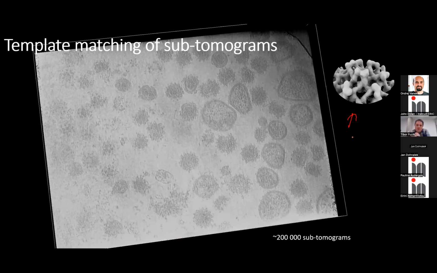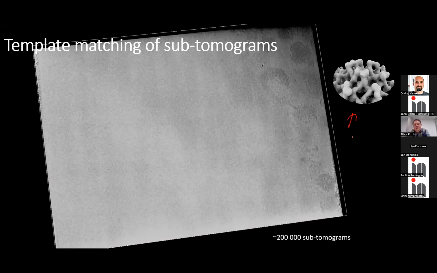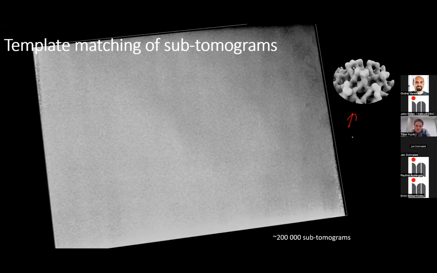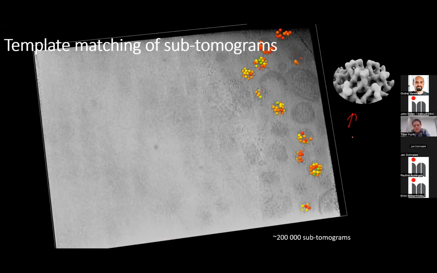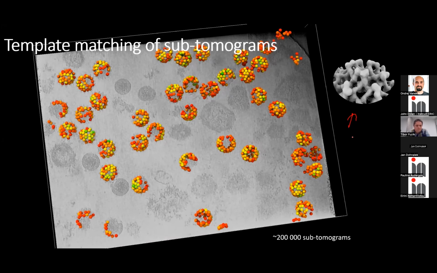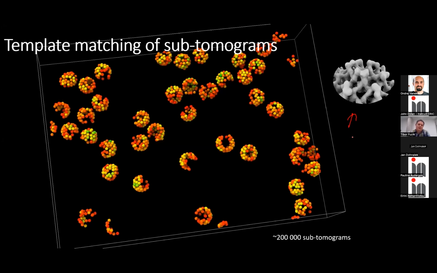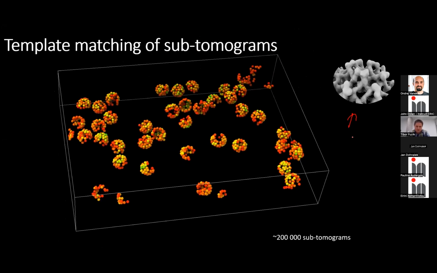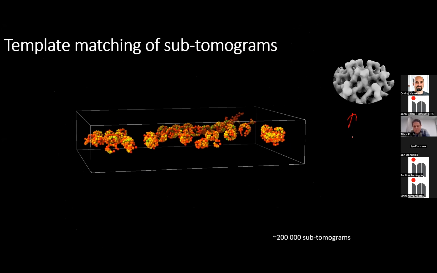If you do template matching on a tomogram like this, and we have 193 of these, then you can locate the positions and the initial orientations of these spikes. Everywhere where we found a correlation, we put a dot, and we can color these dots according to the correlation coefficient. This way we had something around 200,000 subtomograms, and we can average them together.